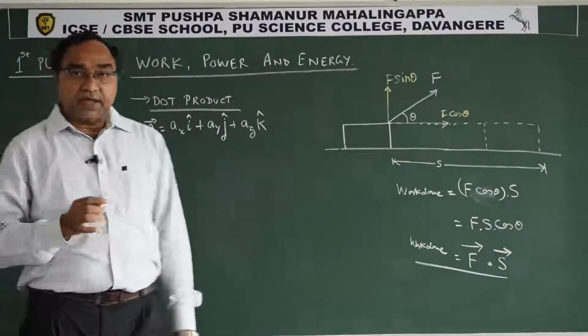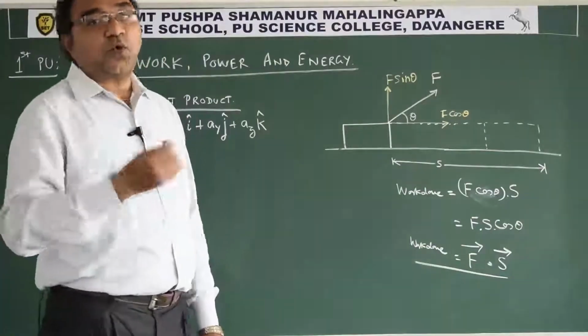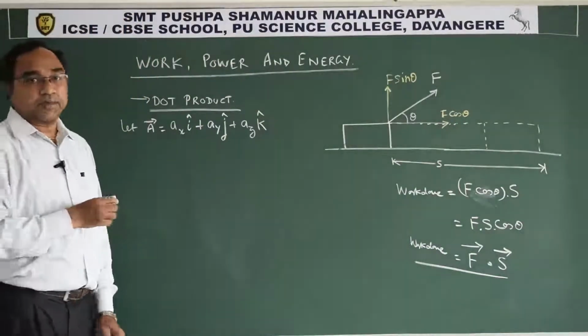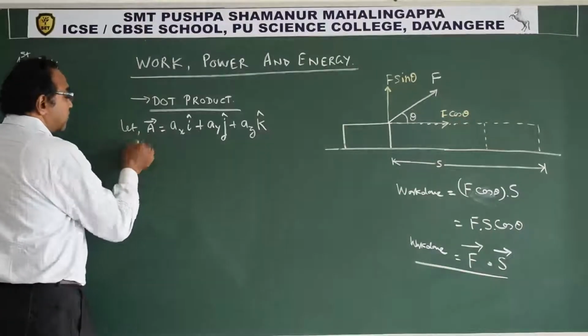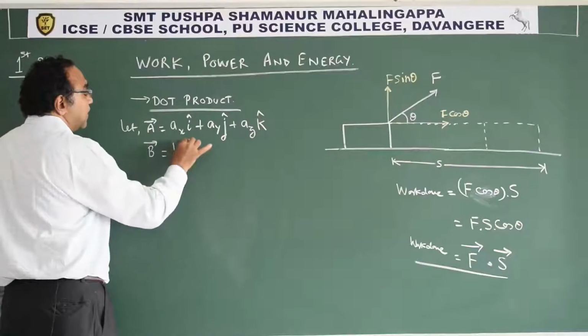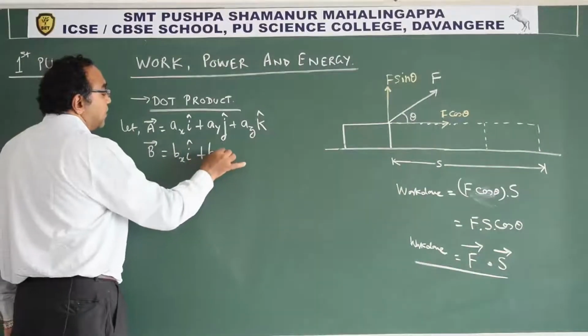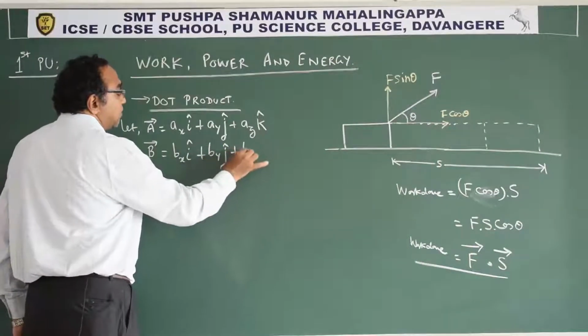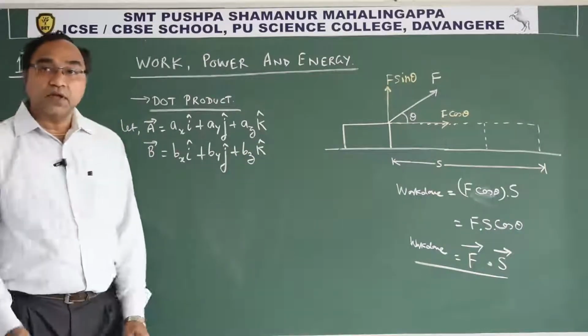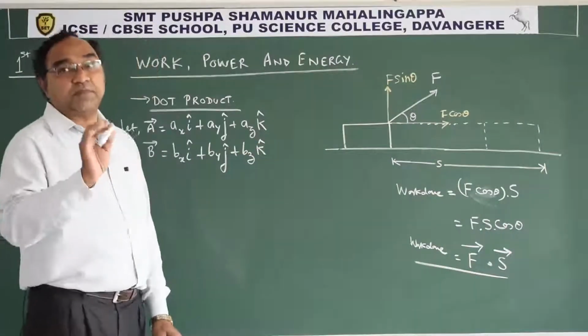At this juncture, I expect that you know the meaning of i cap, j cap and k cap. Similarly, B vector, if I take it as bx i plus by j plus bz k. These are the two vectors, A vector and B vector.